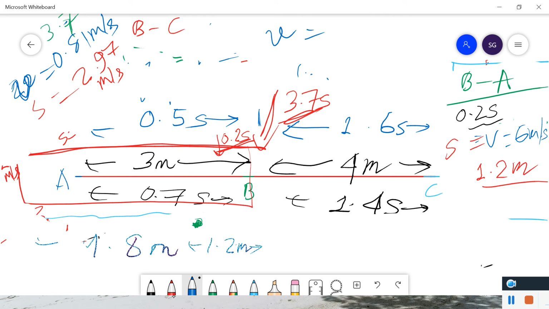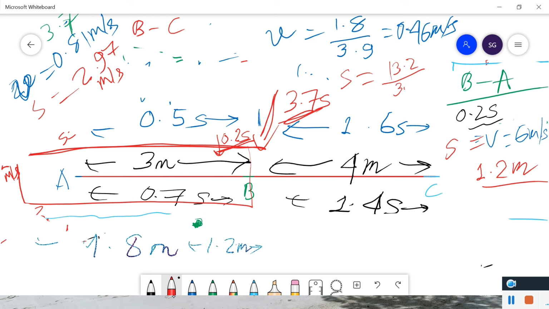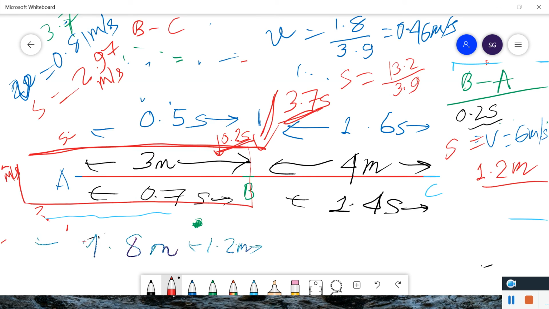Velocity would be 1.8 divided by 3.9, that is 0.46 meter per second, and speed would be, see, it's 1.2 meters, so distance would be 3, 4, 5, 6, 7, 7 plus 1, 7, 11, 11 plus 1.2, 13.2. 13.2 divided by 3.9 would be 3.384.